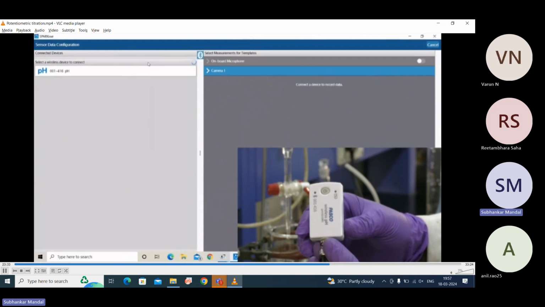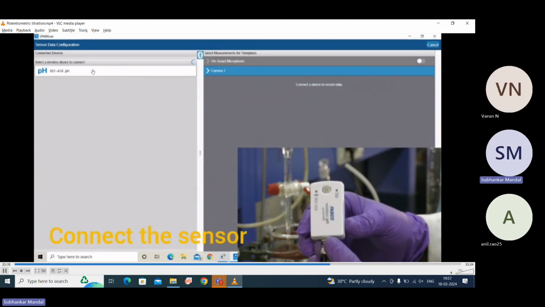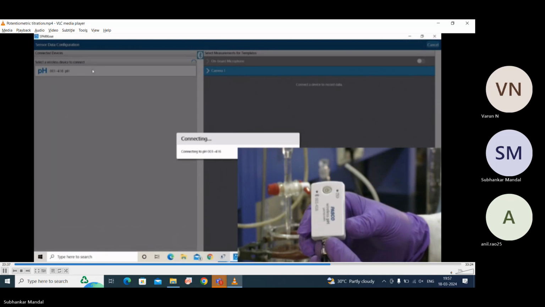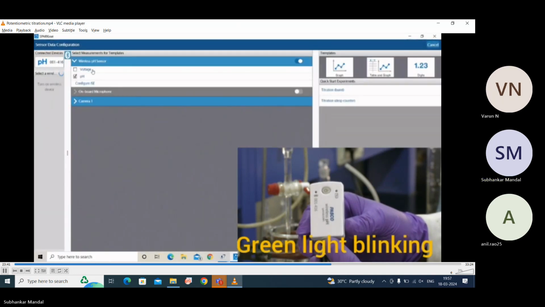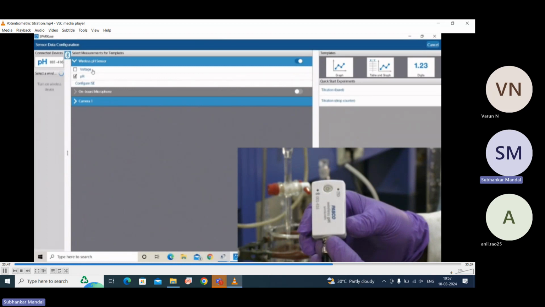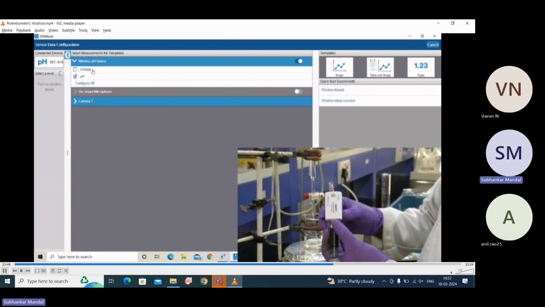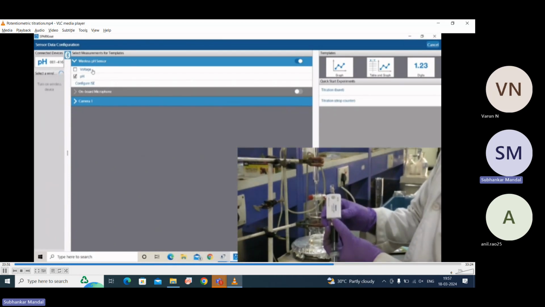Now it will show to connect the Bluetooth. Here you can connect the Bluetooth like this. The green light will blink. Now you can see the green light is blinking, which means it is connected with the device.